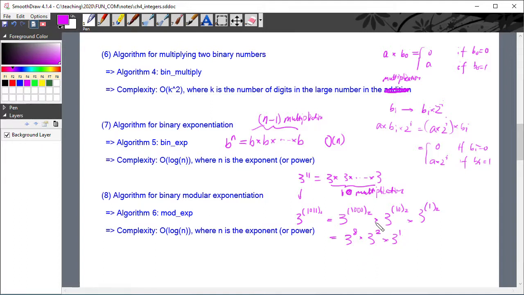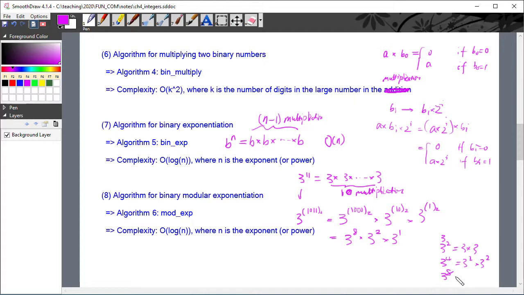So at this point, you're going to find that when we are using this n, the number of bits will be log n. Right? When n is the exponent or power, the number of these bits will be log n. So in order to calculate all these, for example, we can calculate 3 squared equals 3 times 3. And then when we have 3 squared, we can calculate 3 to the power of 4 equals 3 squared times 3 squared.